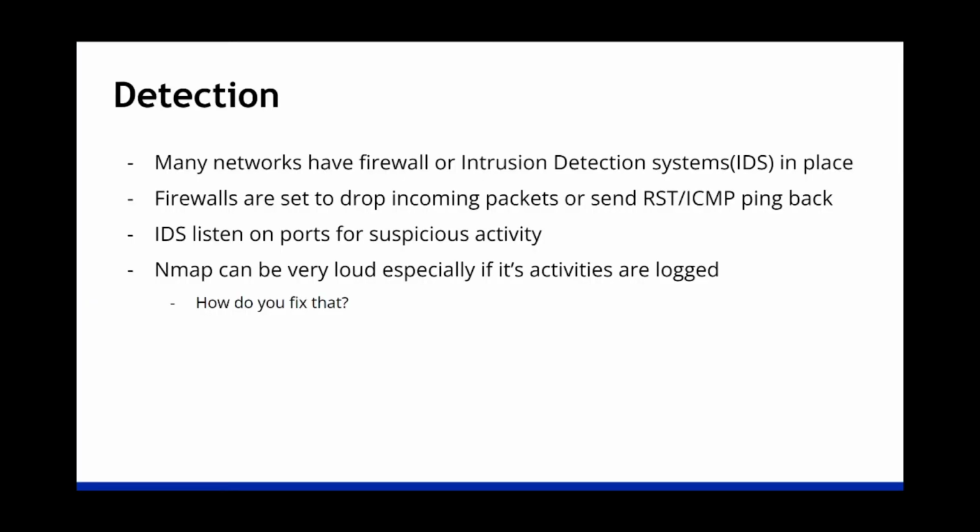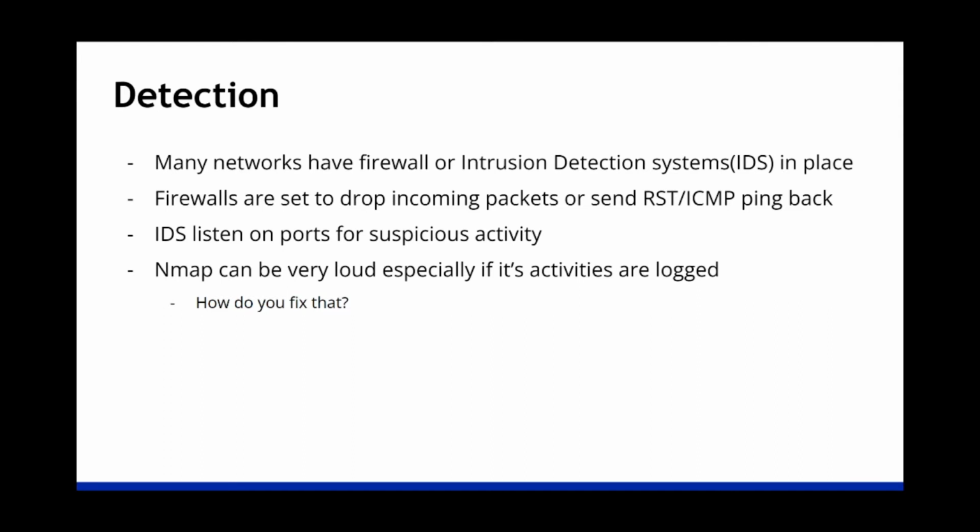Now I talked about firewalls a little bit. A lot of networks realistically will have either firewalls or intrusion detection systems in place. Firewalls are meant to keep things out, whereas an intrusion detection system is for you to make sure there's no suspicious activity, and if there is, you're going to block it or things like that.